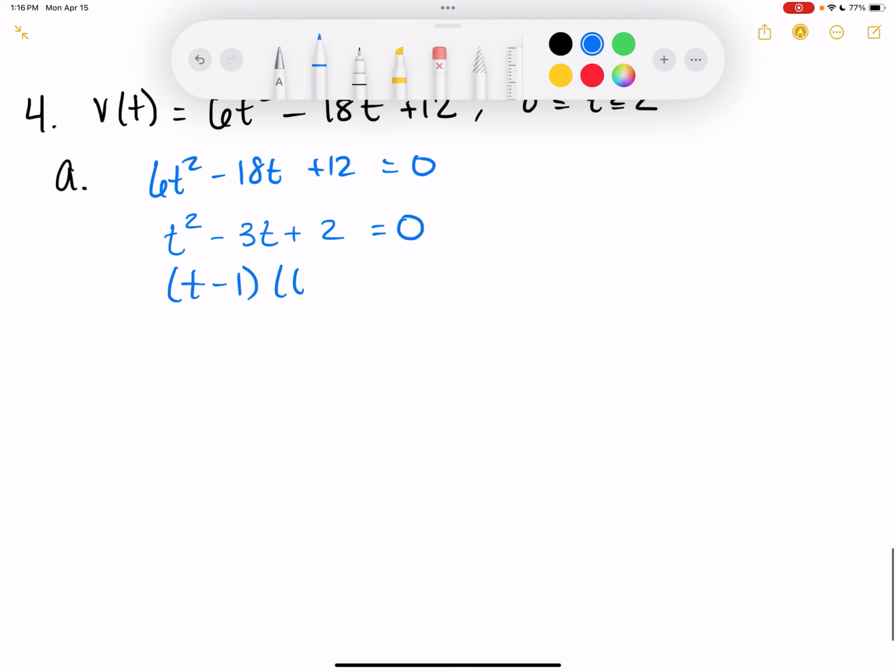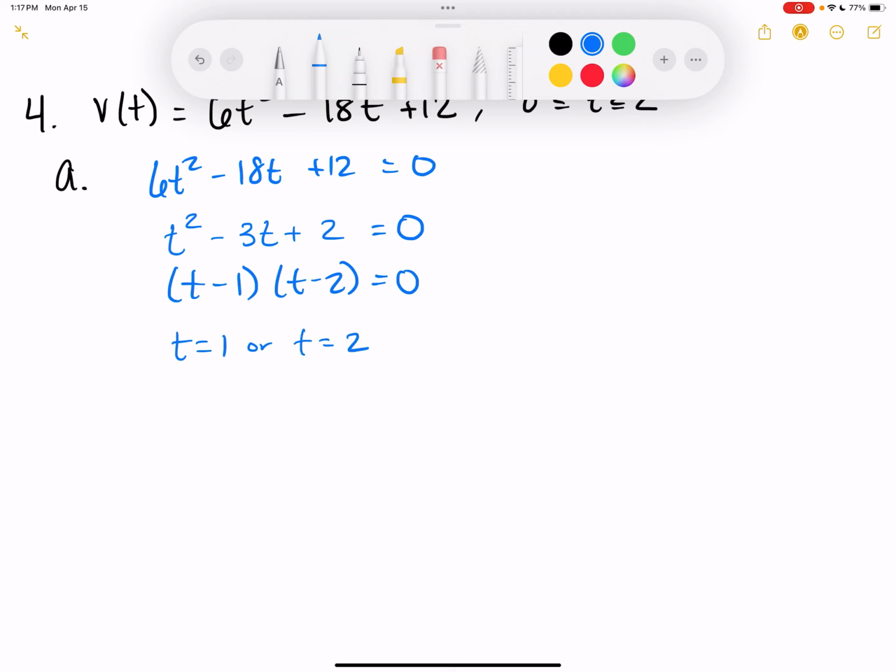It's not a special type. It just has a 1 in front. Remember, if it had a number left in front, we'd have to use the arch method to factor it. So what's t equal to? 1 or 2.